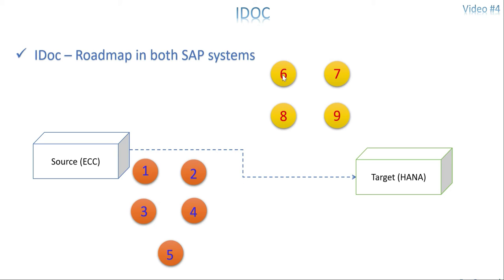And the same thing over here for the target system: process code, function module, and then map the function module and the process code, generate the partner profile which got received from the source system. Everything is already done. This slide is just for your reference.